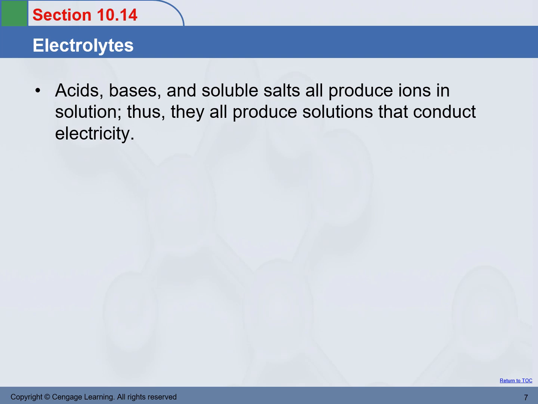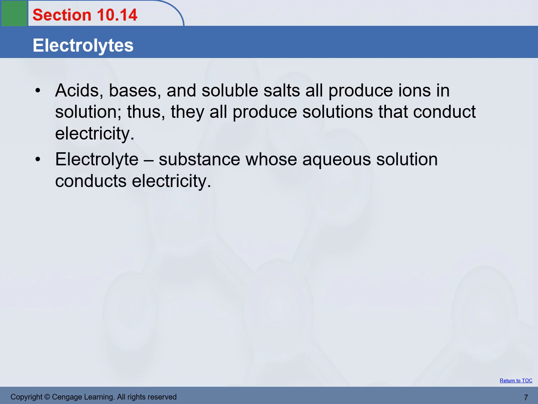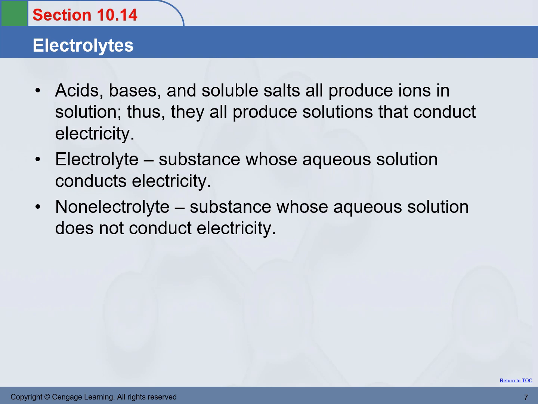Therefore, ions are charged particles, and therefore they can conduct electricity. So a substance whose aqueous solution conducts electricity, we call that substance an electrolyte. For the same reason, if a substance whose aqueous solution does not conduct electricity, it is called a non-electrolyte.